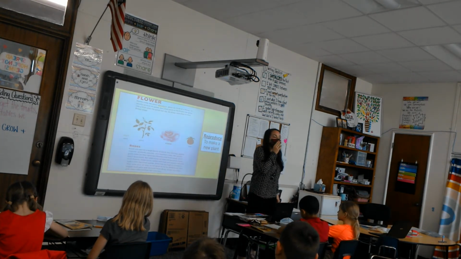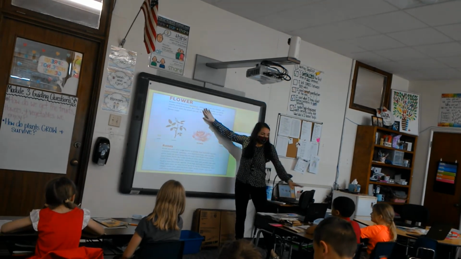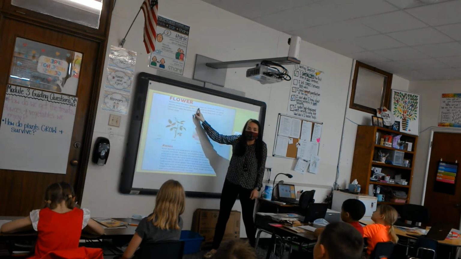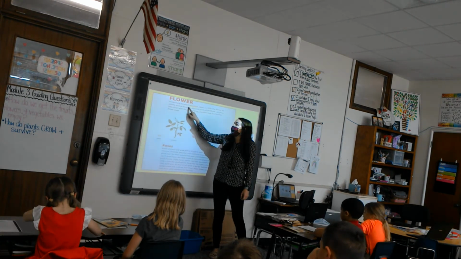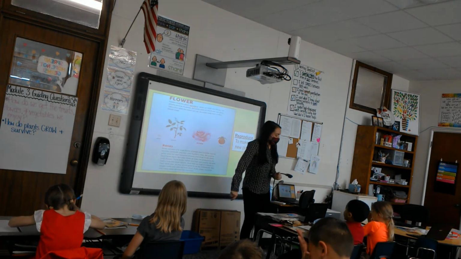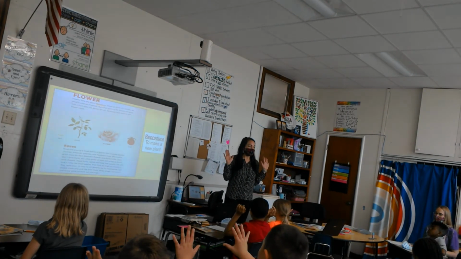Now, I want you to focus on the information right here at the top of this page. It says, flowers help the plant reproduce. Miss Acock put a bright yellow line underneath the word reproduce because that word is important. Let's say it together: reproduce.